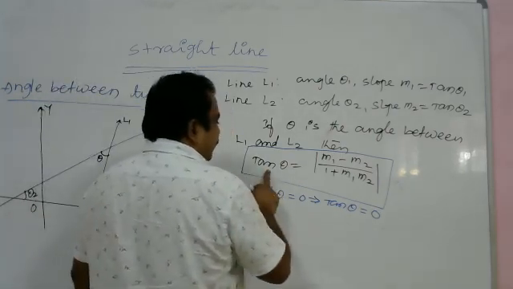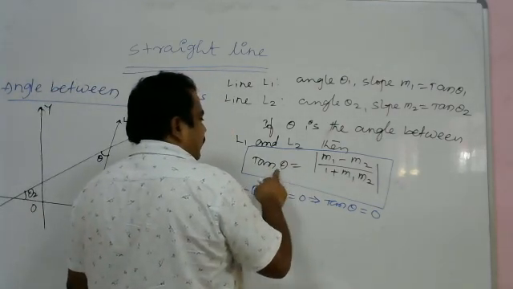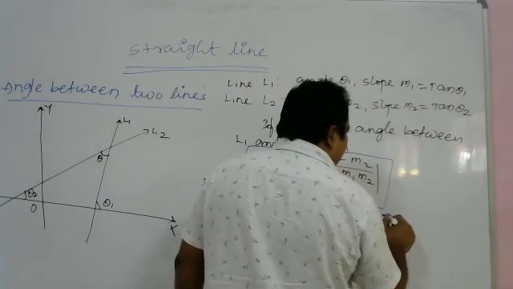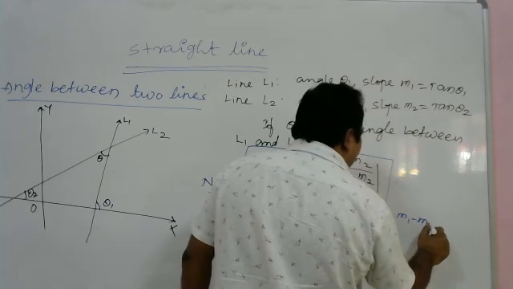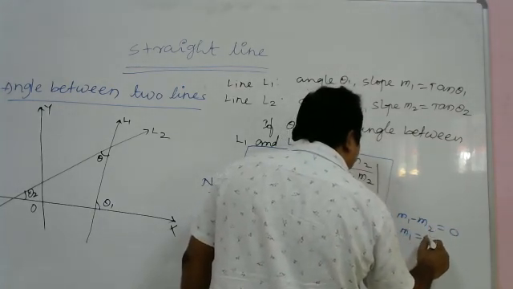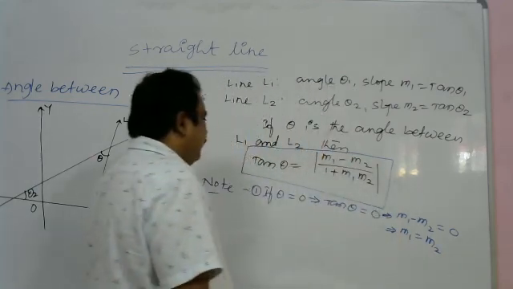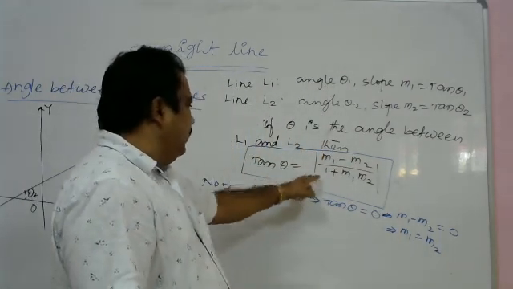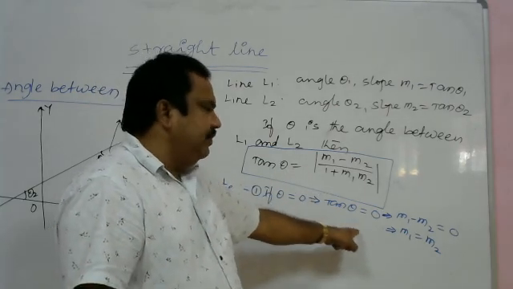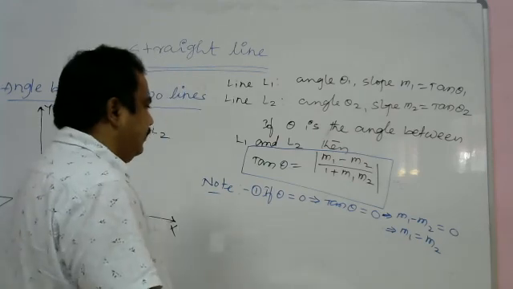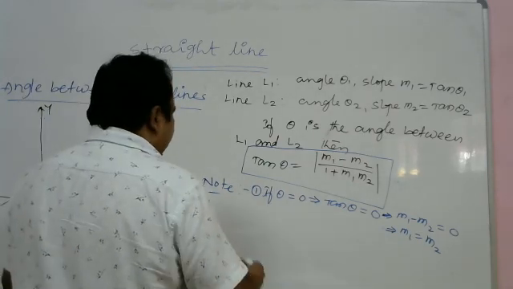Doing cross multiplication, what will we get? m1 minus m2 should be equal to 0, because the other term is 0 since tan theta is 0. So modulus of m1 minus m2 means m1 minus m2 should be 0. Therefore m1 equals m2.